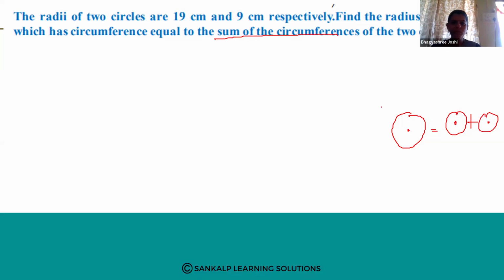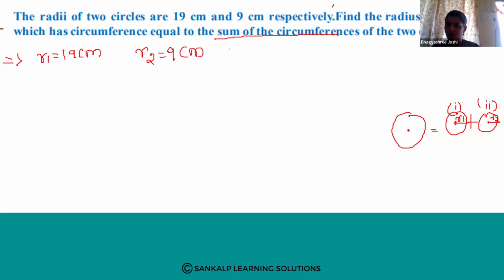Radius they have given. So the radius of the first circle is R1 and the radius of the second circle is R2. R1 value they have given, that is 19 centimeter, and R2 value is 9 centimeter.